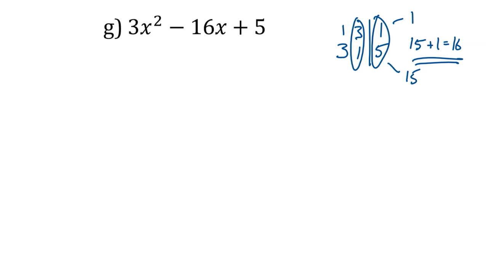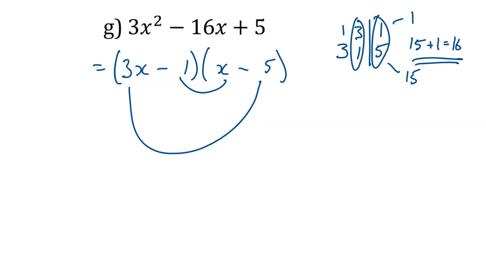I'm adding them to get 16. Yes, it's negative 16, but we'll take care of that when we get here. So 3x and 1, and 1x and 5, and they have to both be negative. So I get negative 15 minus 1 is negative 16.